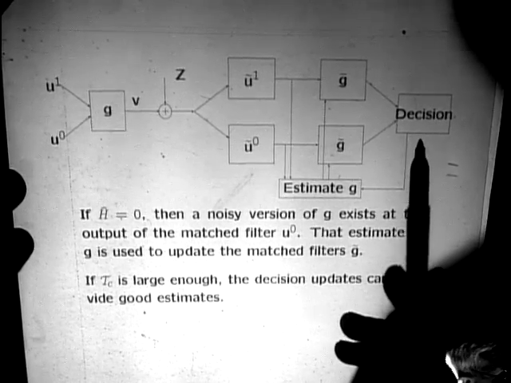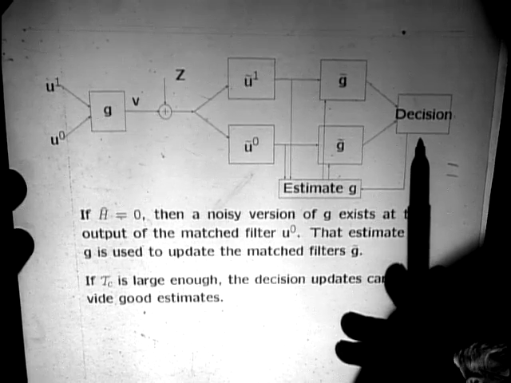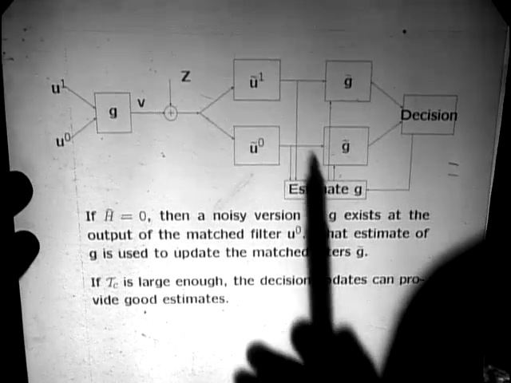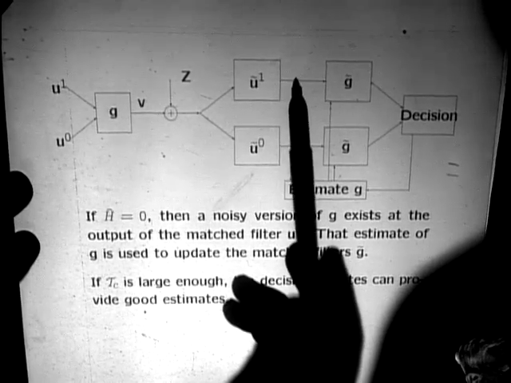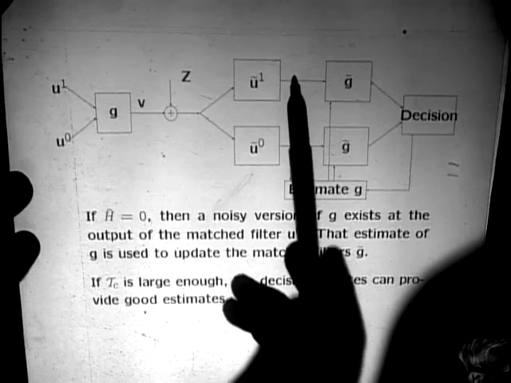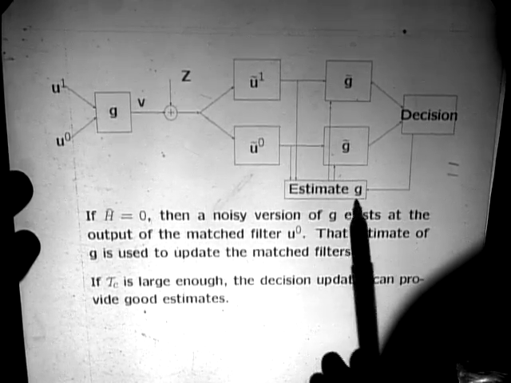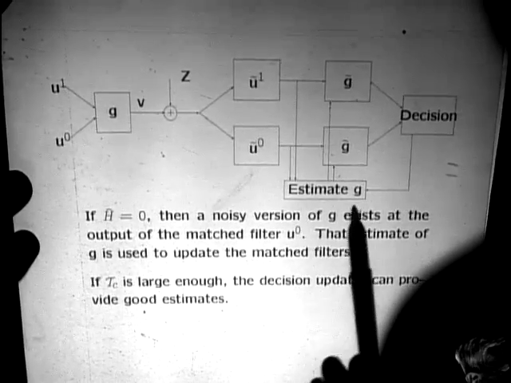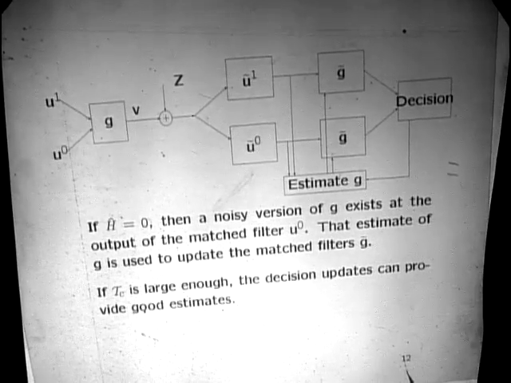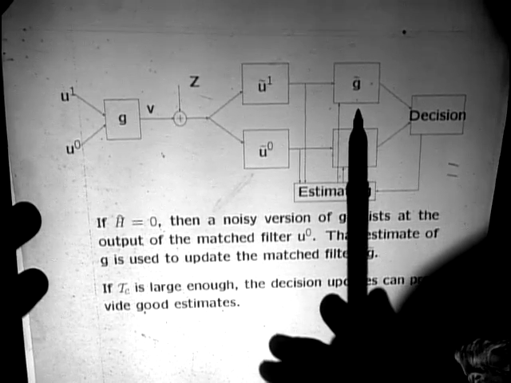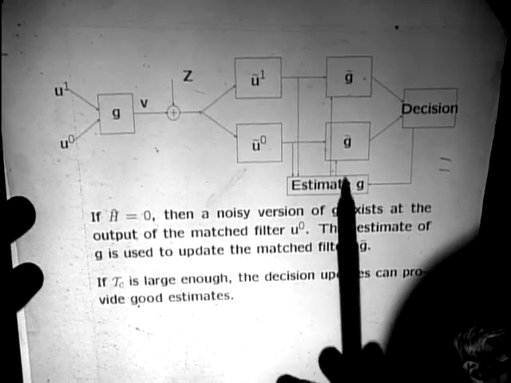After you make a decision, you go forward in time, because we've done everything backwards in time here, and you take what is going to come out of here, which hasn't come out yet, and you use that to make a new estimate of G. You use that estimate of G turned around in time to alter your estimate of the matched filter to G.